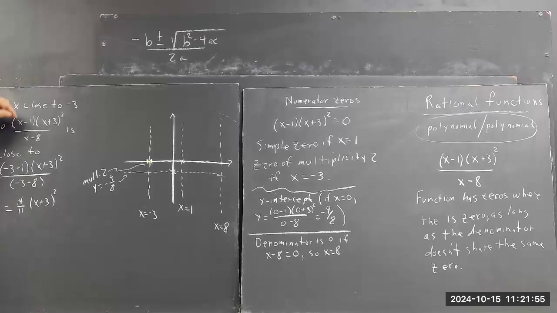If we put in a number close to -3 here and here, we're still going to get something pretty close to 4/11. Okay, as long as we stay very close, this fraction isn't going to change much. And this is just a vertically compressed toolkit squaring function shifted 3 units to the left.